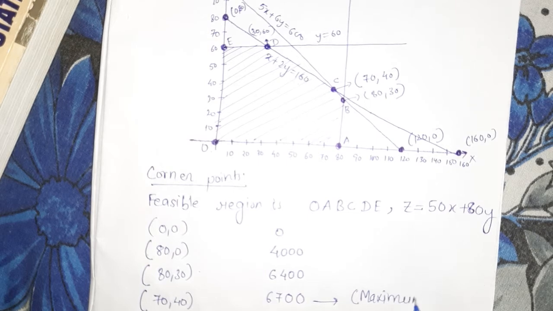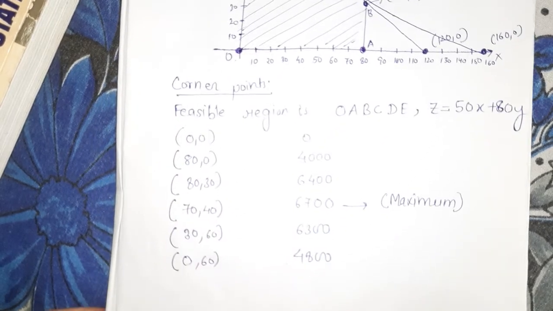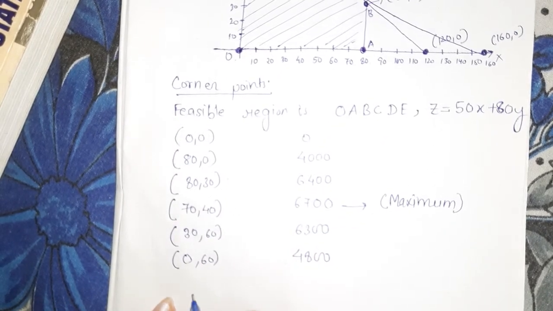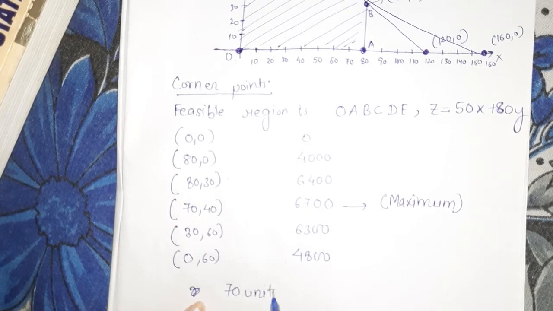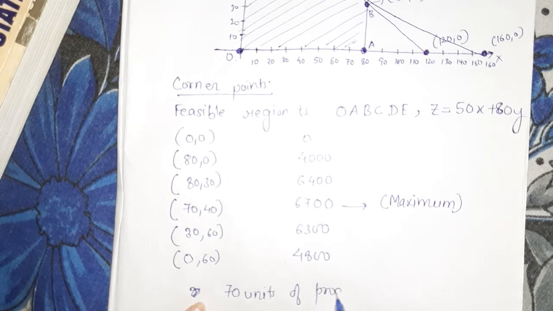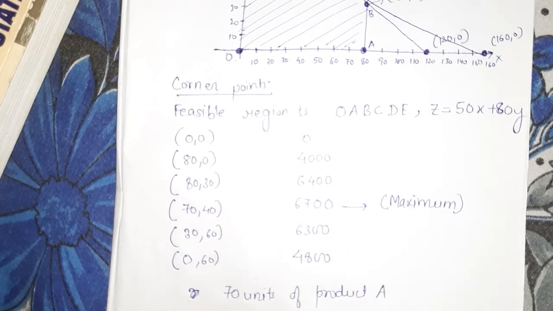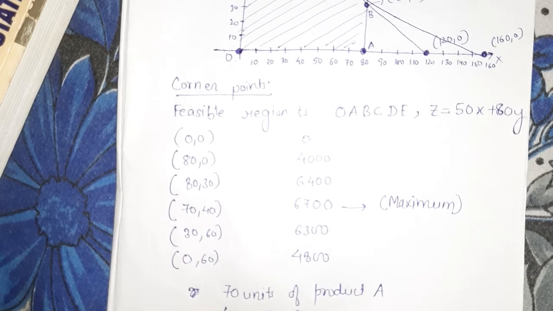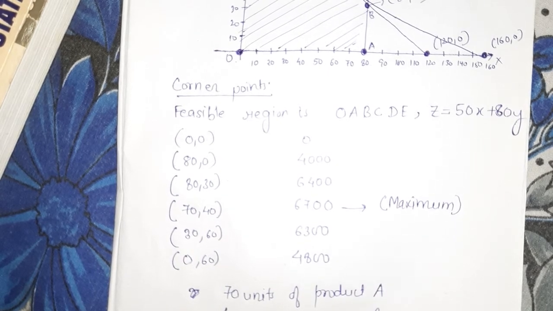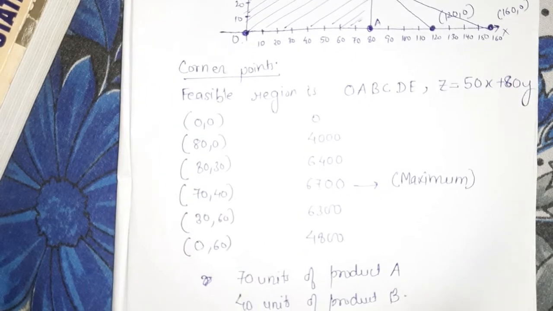So the profit is maximum when you produce 70 units of product A and 40 units of product B, right?